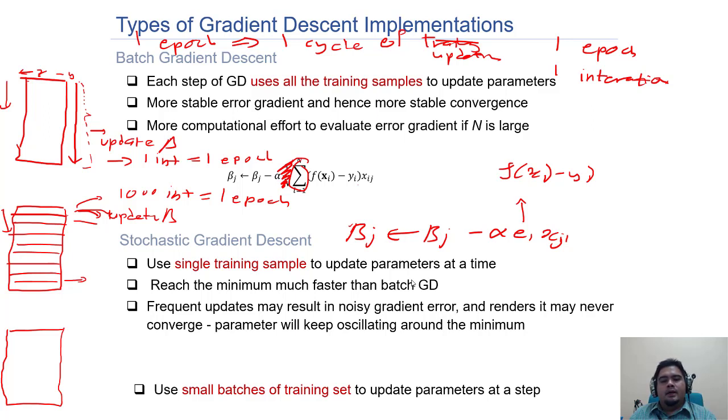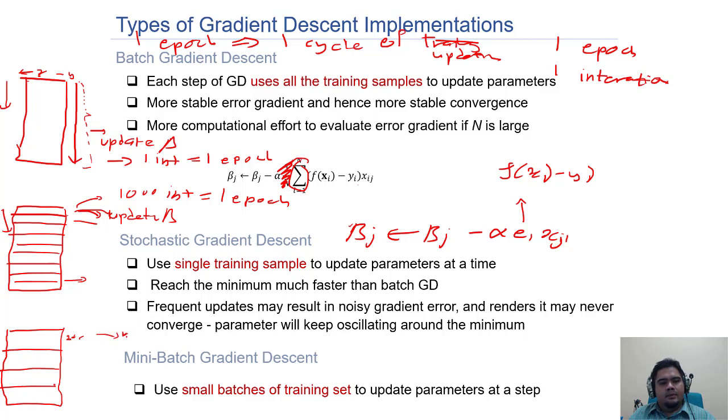So that's why some people introduced a third method, called mini batch gradient descent, where they separate the data into several batches. For example, I have 1000 again, I separate it into 4 partitions or 4 batches, meaning each batch consists of 250 samples. So after 250 samples, we update our beta.